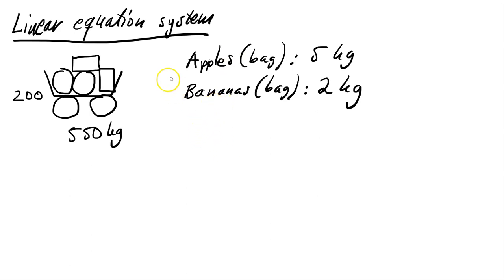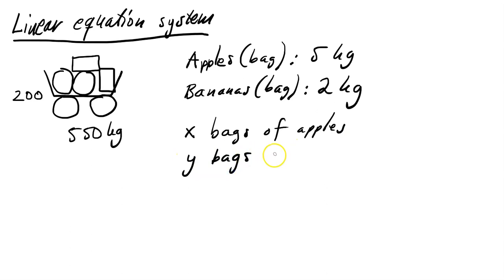Okay, so let's say here we have X bags of apples and Y bags of bananas. Then what is the total weight? 550 kilos. How much is the weight of the apples?